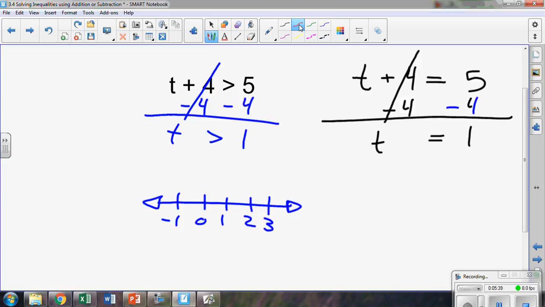We just have to make certain that we've got the 1 included. That's where our focus is, right on the 1. Because it's strictly greater than, we will not fill in the circle. And also because it's greater than tells us to go to the right, getting the bigger numbers. There we go. If asked to graph, we have to graph the solution.